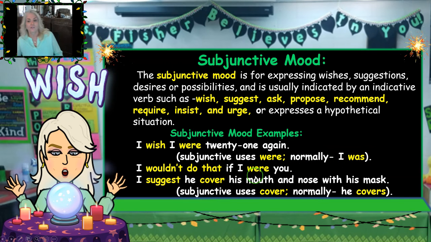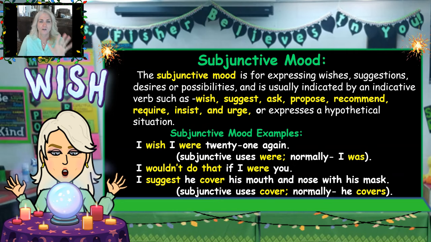So this is why subjunctive mood verb choice is even important. In a regular sentence, if you said I, you would say I was. You wouldn't say I were. It would be they were. But in a subjunctive case, when you have I wish I were, now that's the correct term to use.